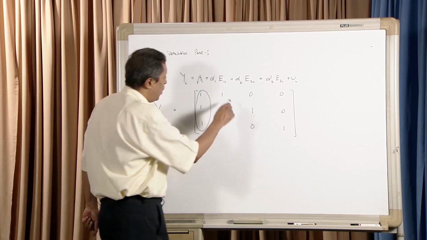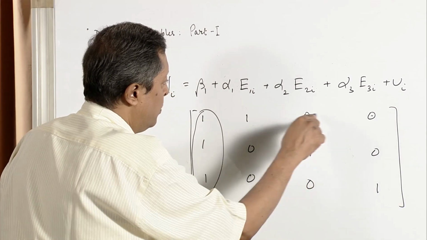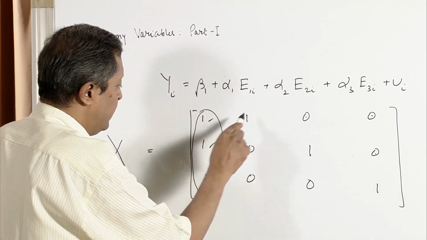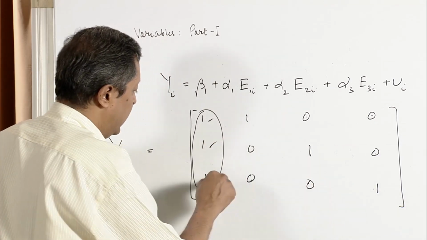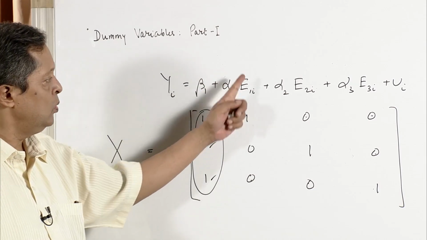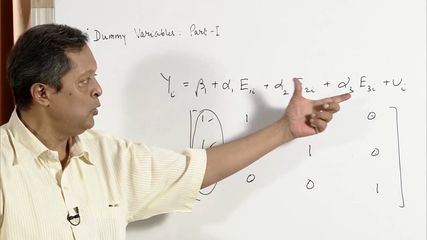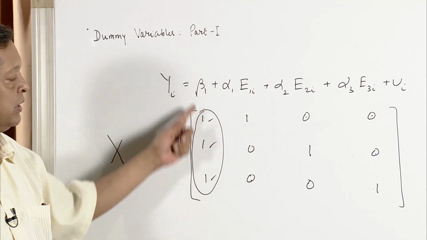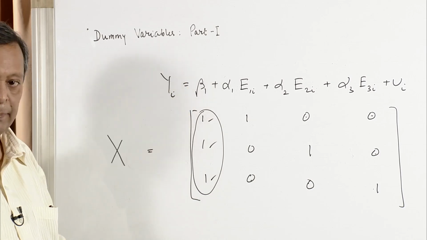So, if you add up all these 3 columns, 0 plus 0 plus 1, that gives 1, 0 plus 1 plus 0, that gives 1, 1 plus 0 plus 0, that gives 1. In other words, variables E1, E2 and E3, if you add these up, it becomes the same as the variable x1, which is the intercept.